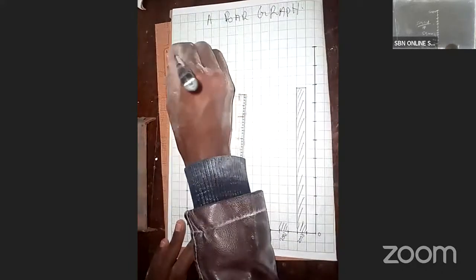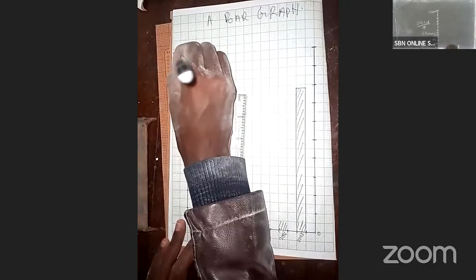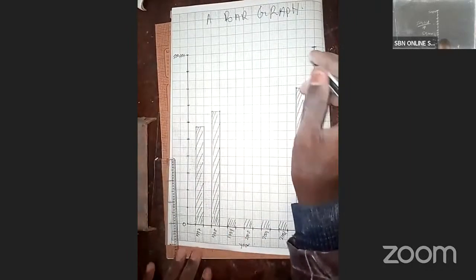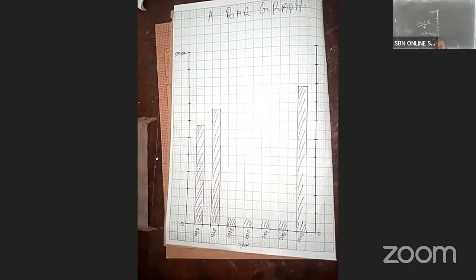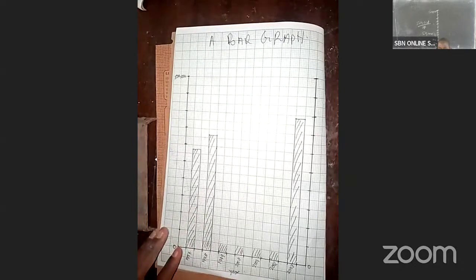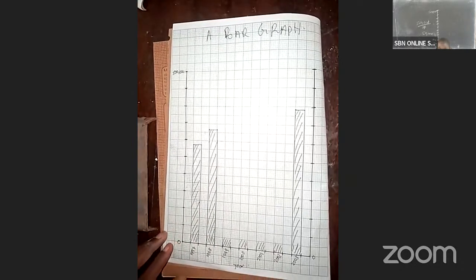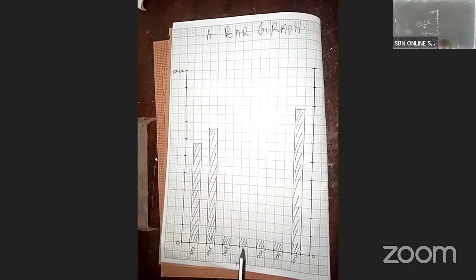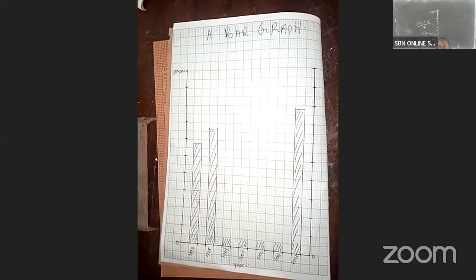You do the same thing. Teacher, you're obstructing. You just need to do your work. Me, I'm just showing you. You do it like that. Even these ones you complete them, you are through.